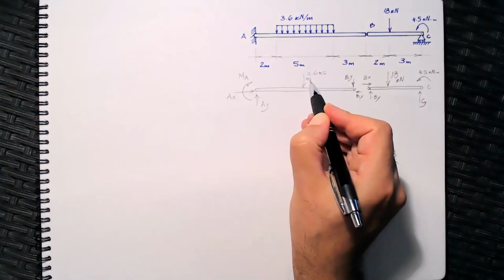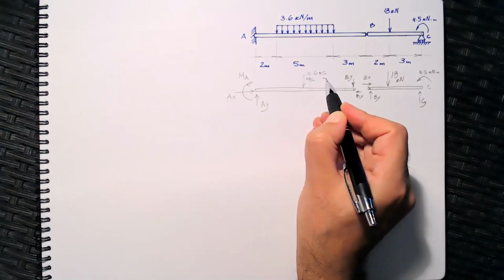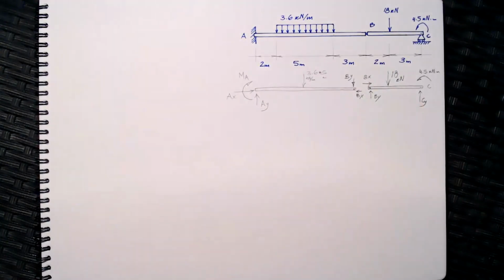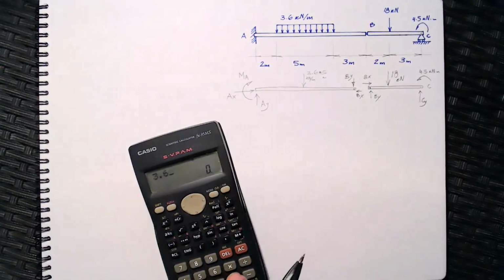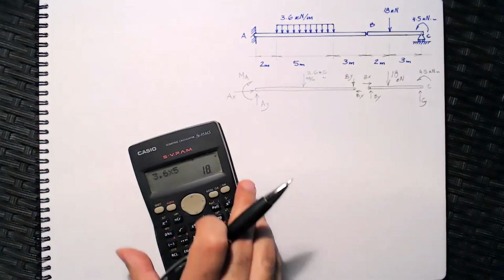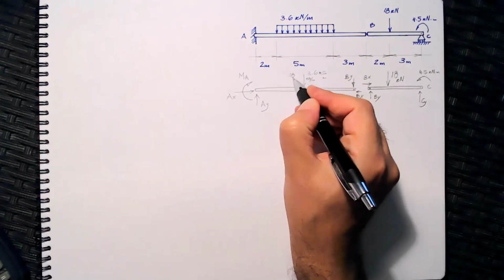This is kilonewton per meter multiplied by meter, which will leave us with kilonewton. I will do the math really quickly. 3.6 multiplied by 5 will result in 18 kilonewton.